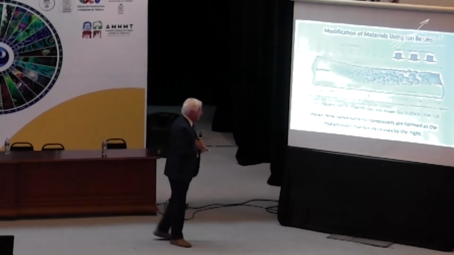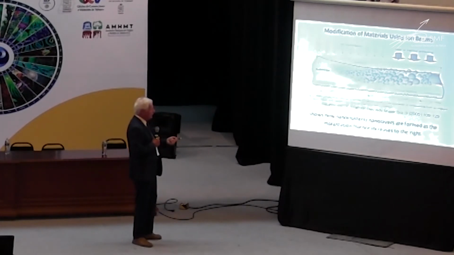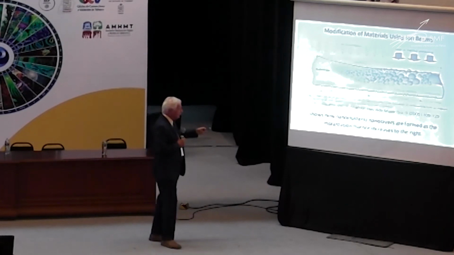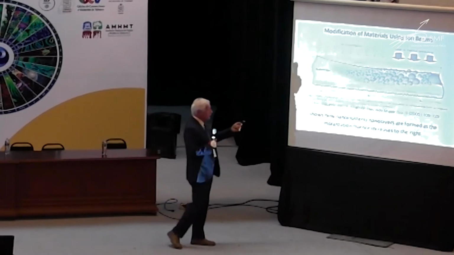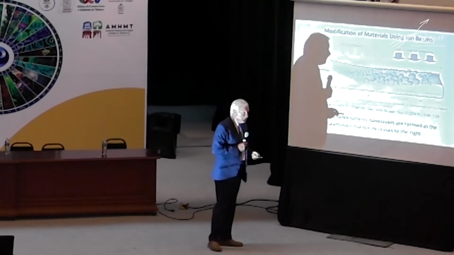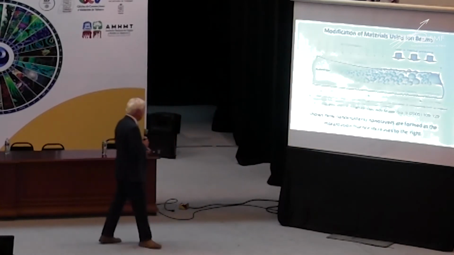This shows you how nanoclusters and nanolayers are formed as the implantation fluence increases as we go from left to right. Then after you do all of this, you come back in and do a laser annealing or a thermal annealing, a rapid thermal annealing. Next slide, please.